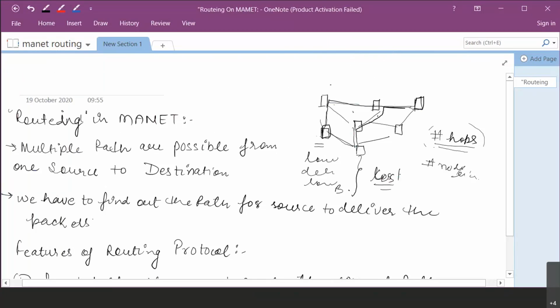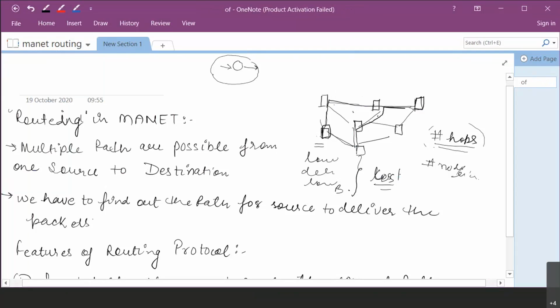Preferably the path having fewer hop counts will be preferred, because at every hop the processing, storing and forwarding technique is used, which increases the delay factor.